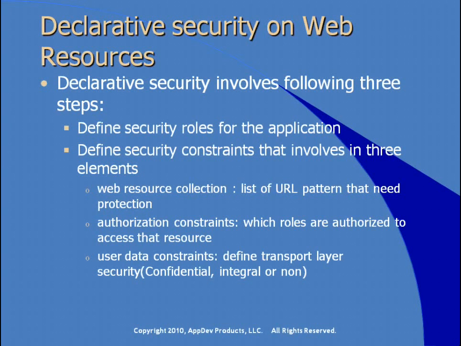The authorization constraints, in other words, which roles are authorized to access this web resource collection. And then we have an element for user data constraints, which define the transport layer security. Your options here are confidential, integral, or none.